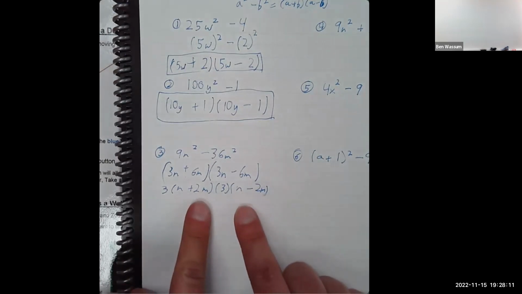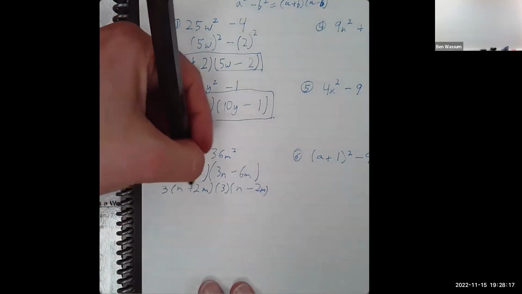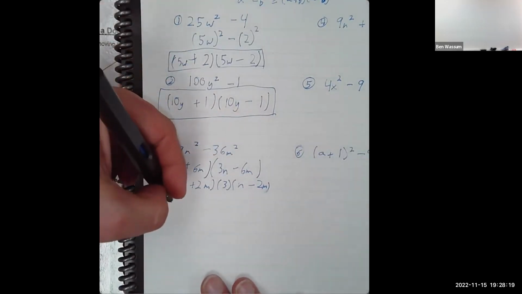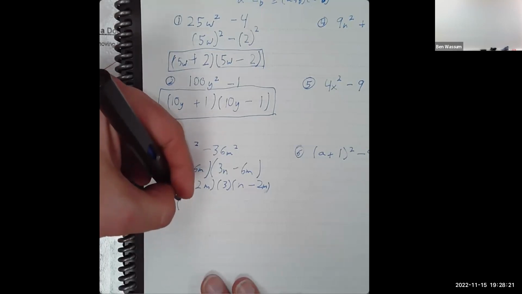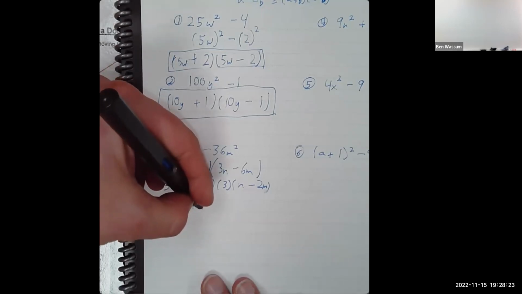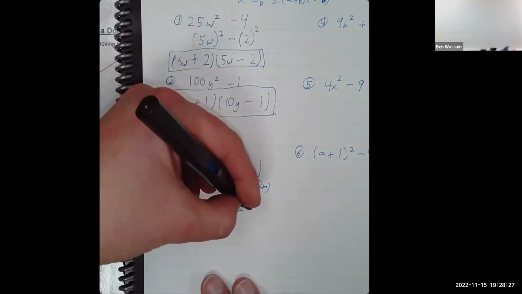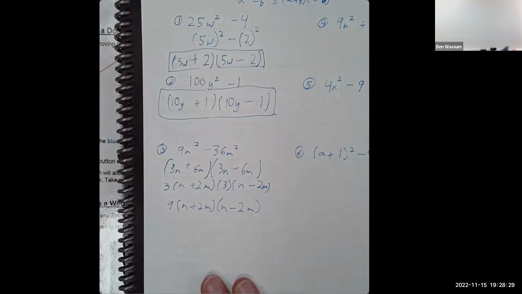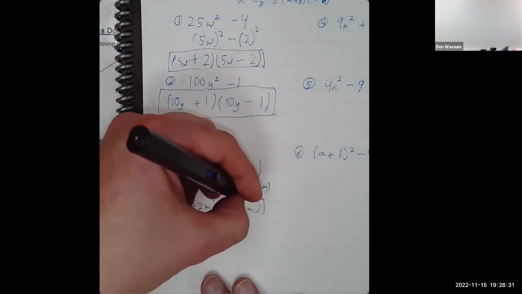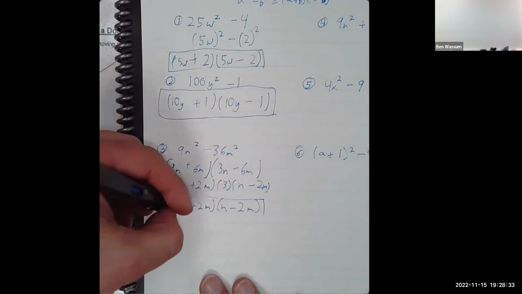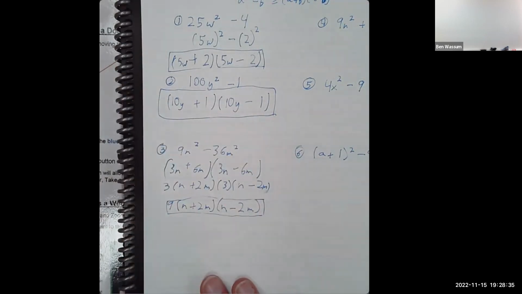Oh, okay, all right, so see, that's where that would have been. So I have 2 3s, I can multiply those together and have a 9, and then the n plus 2m, and the n minus 2m. That is what we want. There's no more greatest common factors.